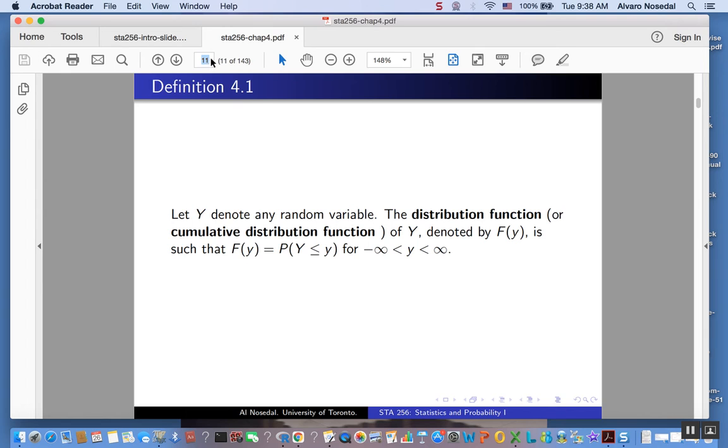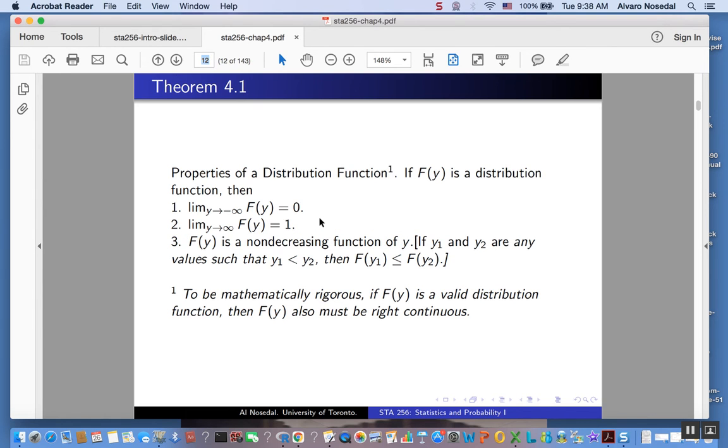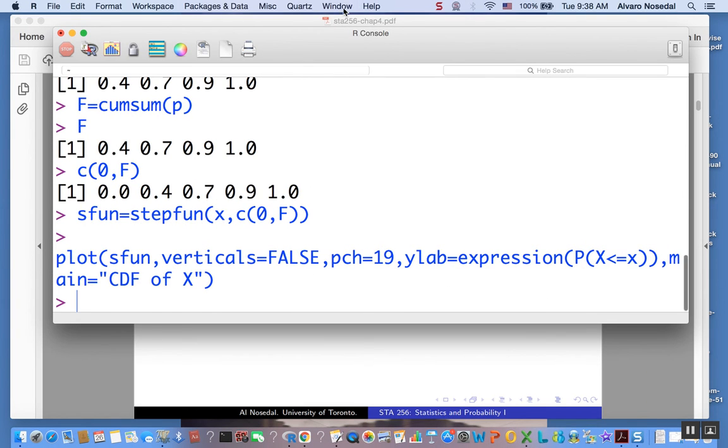Now, a theorem. We're not going to show that theorem, but that's why we spent some time with this example, to gain some intuition behind the properties of a CDF. So the CDF will have these properties. The limit as y goes to negative infinity of uppercase F, the CDF of y, is 0. Let's go back to our example.